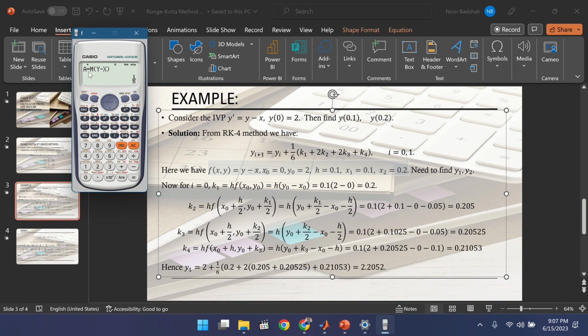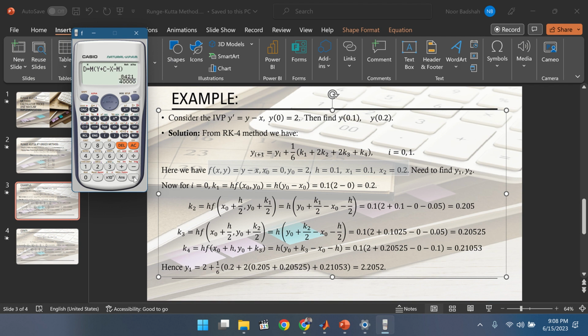We got a, which is our k1, so if we want to check the value of k, that is 0.2. You see, we get exactly the same value. And when you press equal again, you'll get the next value, which is k2. If you check that, it's 0.205. You see, that's the value we have. You press equal again, and then we check it in the decimal points. We have 0.20525, exactly the same thing here.